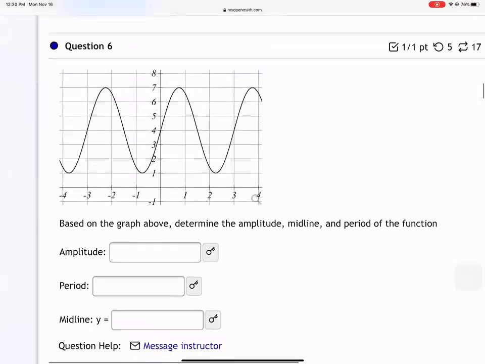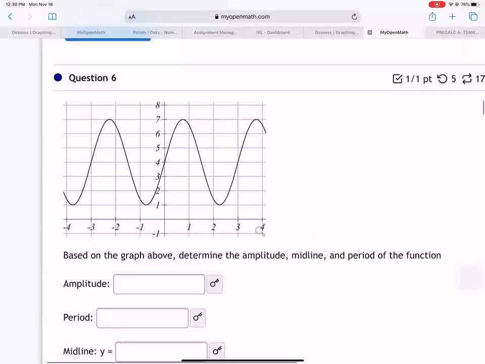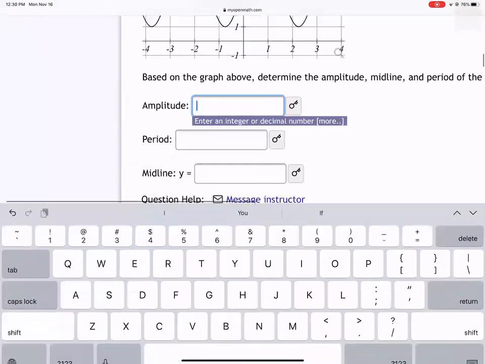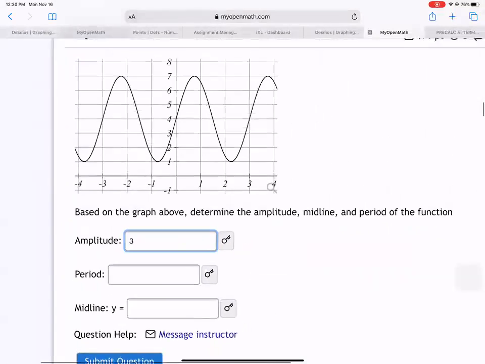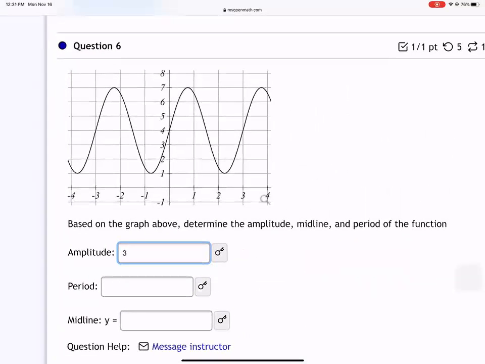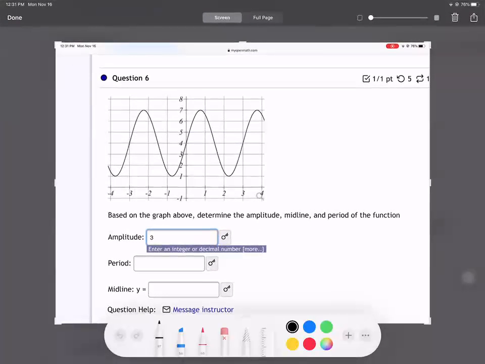Okay, we can look at this graph here. The amplitude from 4 to 7 is 3 up, and from 4 to 1 is 3. The period: how long does it take me to finish one graph? If I start at 0 and go up, down, and back up, it's one whole cycle. That's from 0 to 3, which is 3.